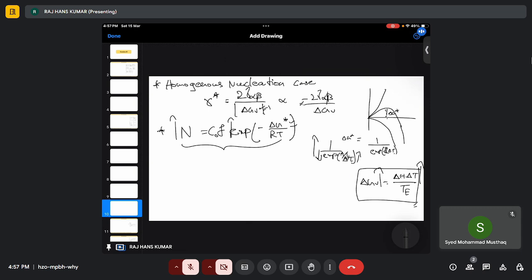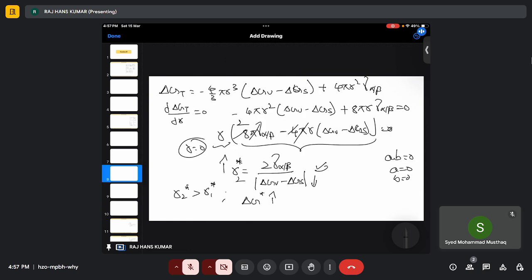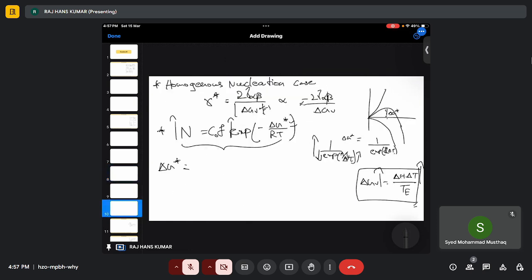If you want, I can derive this one. The delta G star will be equal to, what was that? Minus 4 by 3 pi R star cube times delta GV, plus 4 pi R star square gamma. R star is 2 gamma upon delta GV, so it is a whole square, plus 8 pi, 2 square 4, 4 times 8, 4 square 16, right?